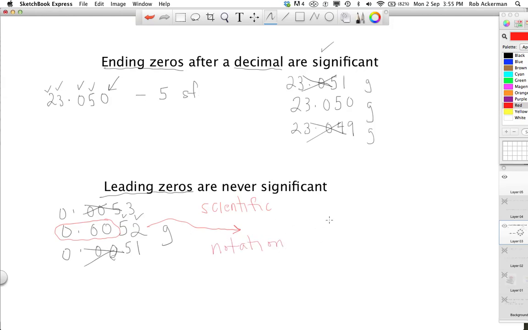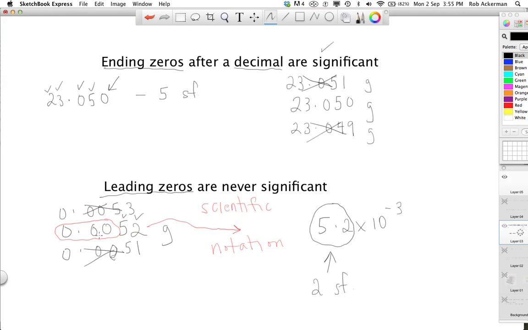How would we write this number in scientific notation? Easy. You would go 5.2 times 10 to the negative 3. And now what do you see? You see this. A 2 sig fig number. And so guess what?